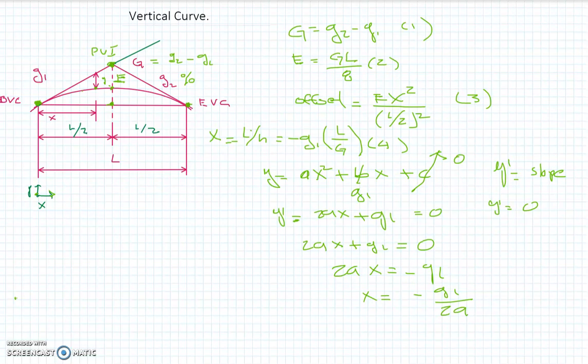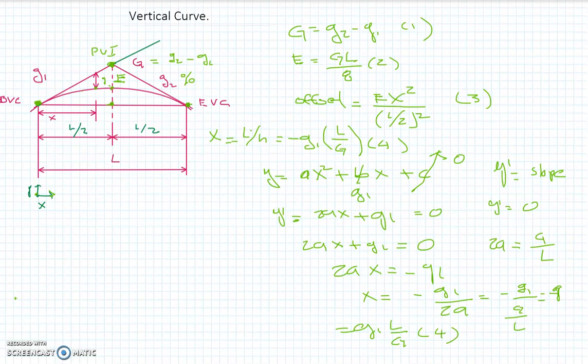By definition, 2a is the rate of change of the slope, and is equal to G divided by L. You substitute this over here, and x is equal to minus G1 times L divided by G, and this is my formula.